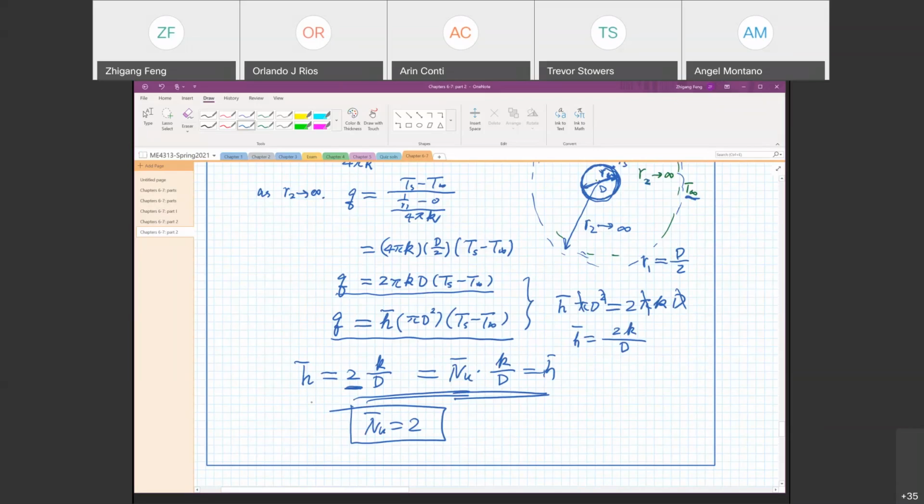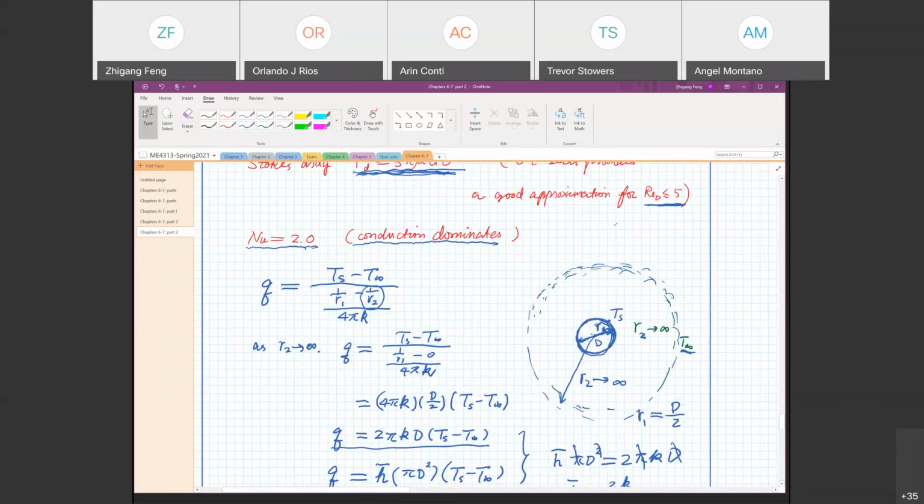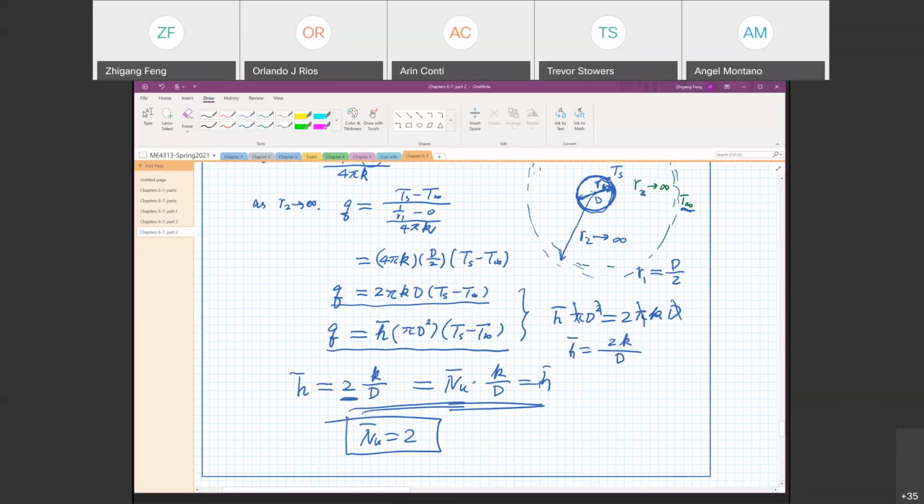So even though conduction is not convection, there is a dimensionless convection coefficient when conduction dominates, that's the Nusselt number, and that Nusselt number is equal to 2. You can consider conduction as a special case of convection where the Nusselt number equals 2. Using Nusselt number equal to 2, you find h bar, and then you can determine Q, and the result will be the same as you find using the conduction equation.